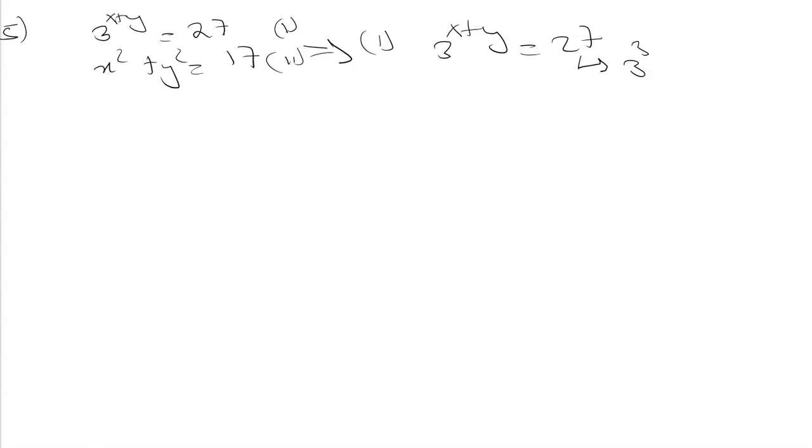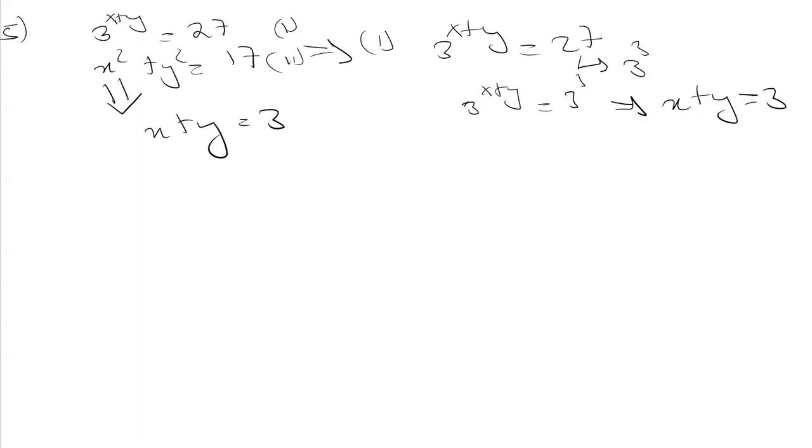So in other words, we're saying 3 to the power x plus y equals 3 to the power 3, which simply means x plus y equals 3. So now equation 2 is x squared plus y squared equals 17.